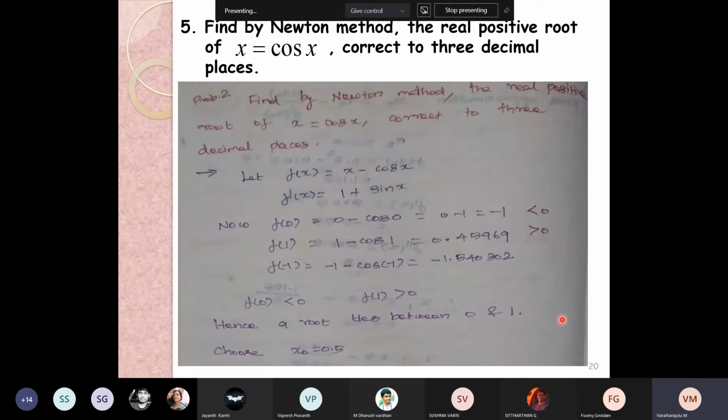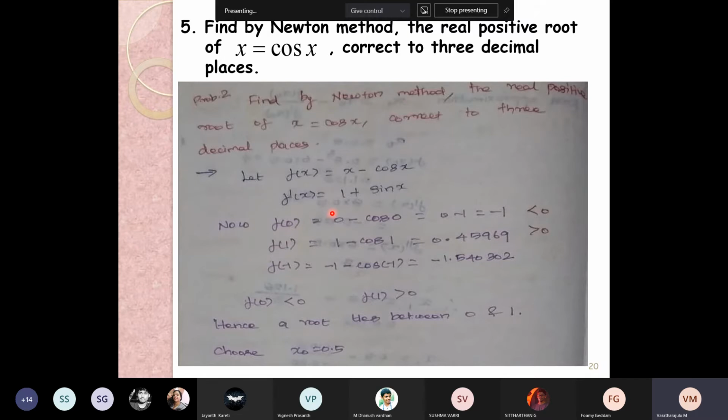This is the way we can find where the roots lie, and at what zone we need to approach, what the initial condition for x naught is. f has to be calculated, and once there is a sign change, that is our zone.